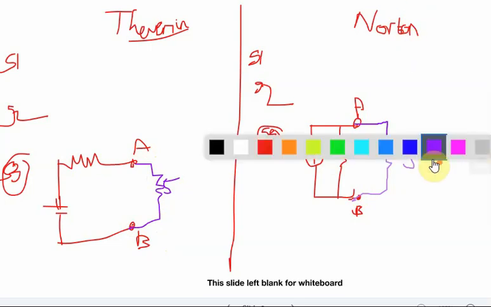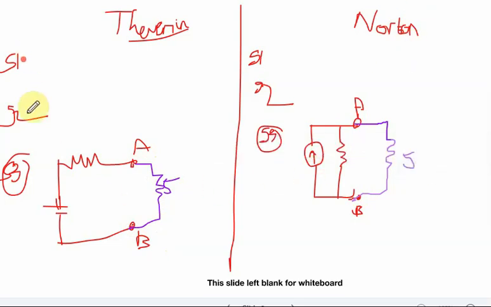What are step number 1 and step number 2? This is called VTH, and you find VTH in step number 1. Then this one is called RTH, and you find RTH in step number 2.